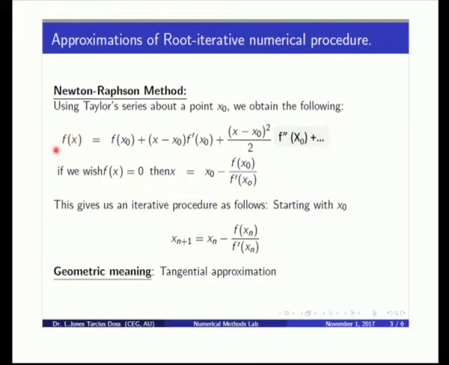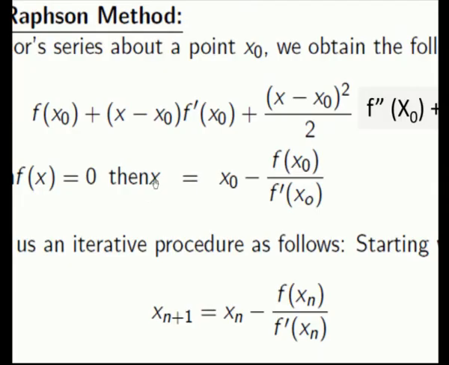So, we wish that f of x is 0, then you have that x is equal to x naught minus f of x naught divided by f prime of x naught.